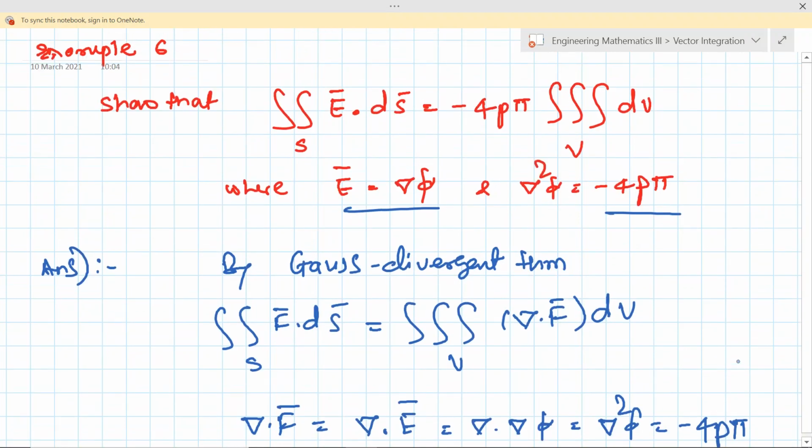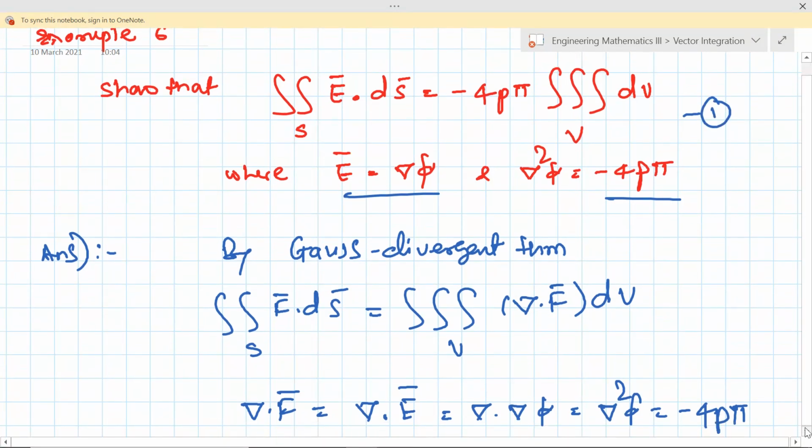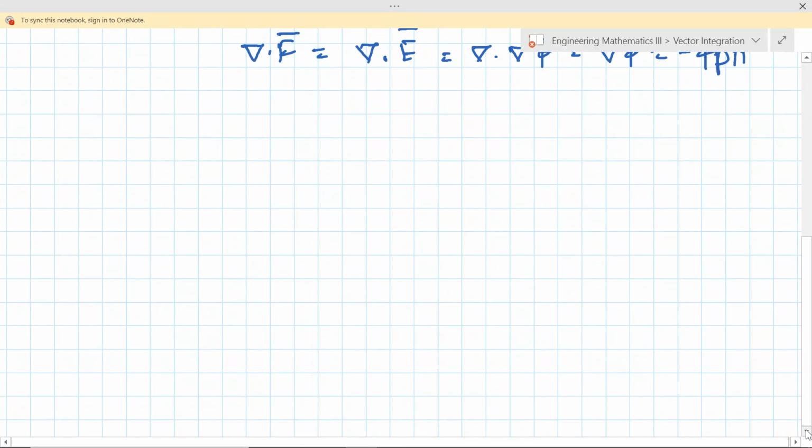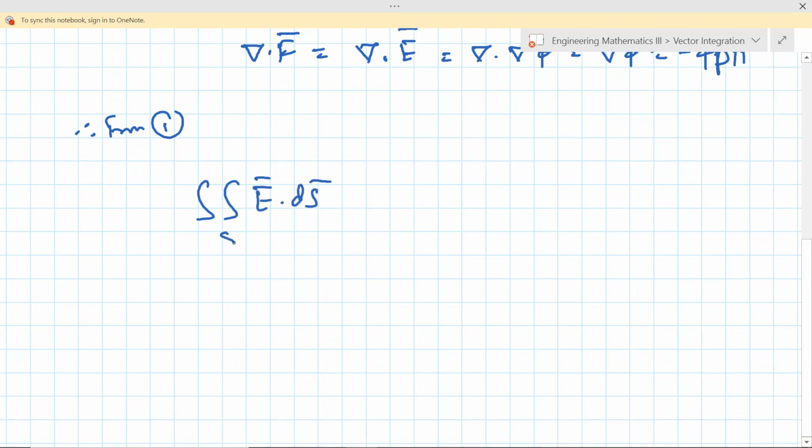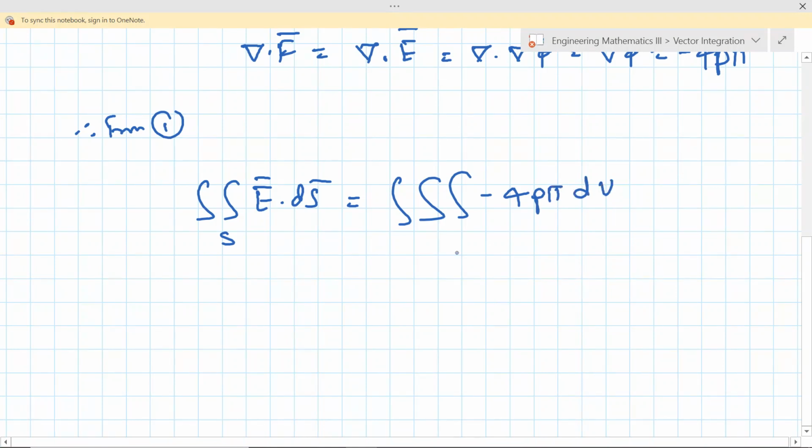And I just substitute that in equation number 1. Therefore from 1, the integration of E bar dot ds bar over s is the volume integration of del dot f bar, which is minus 4 rho pi into dv over v.